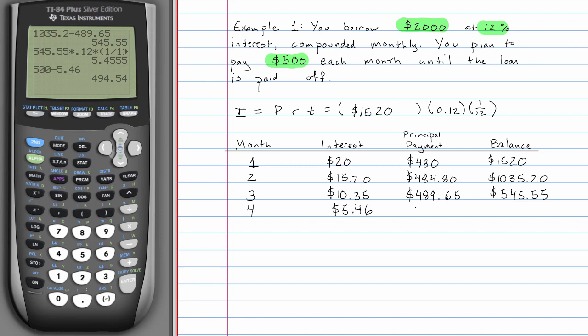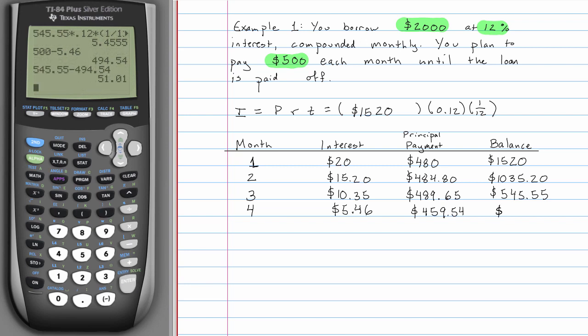Almost my whole payment goes toward paying off my balance. And now I only owe, what? My old balance minus my principal payment, $51.01.